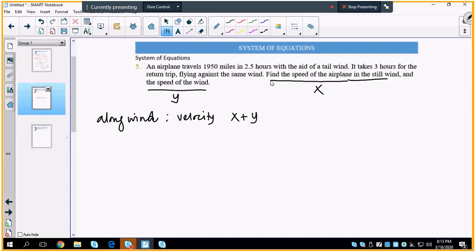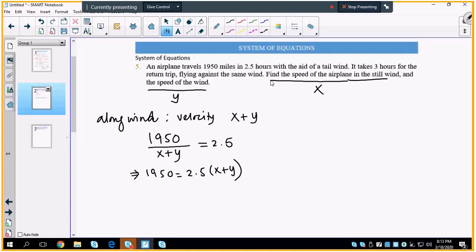With this velocity, to travel 1950 miles, you take 2.5 hours. So what does that mean? 1950 is the total distance. I'm driving at a speed of x plus y, and that is equal to 2.5. So if I multiply x plus y on both sides, 1950 is equal to 2.5 times x plus y.